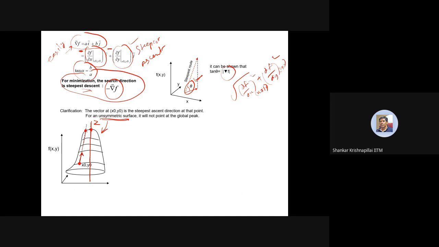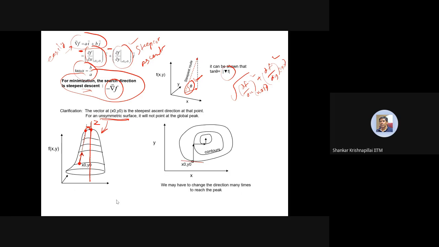So after you reach here, you have to change direction again. It is found that if the objective function is unsymmetric, you cannot reach the peak in one step. Multiple changes of direction are required. This figure represents the successive changes in direction to reach the peak for an unsymmetric objective function. So you have to zigzag at right angles like this at various contours.